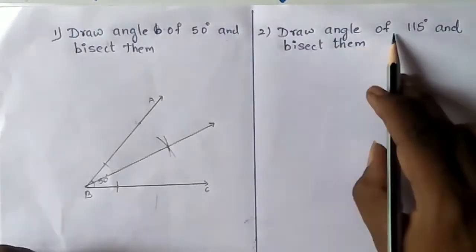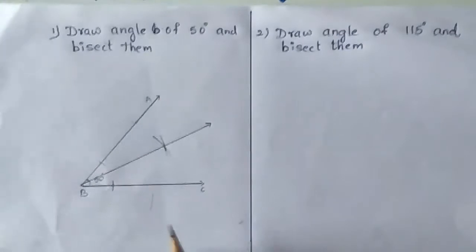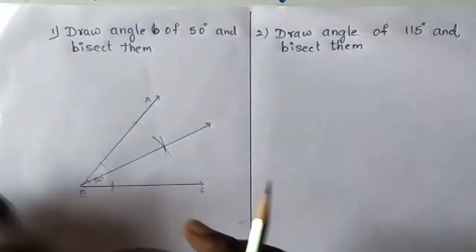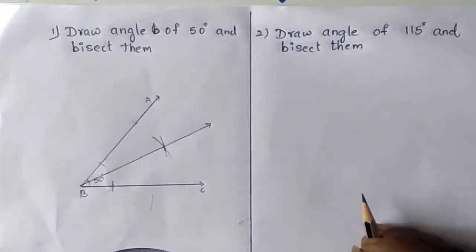Another bisector: draw an angle of 115 degree and bisect it. So I will draw another one. For this, you have to draw a line.